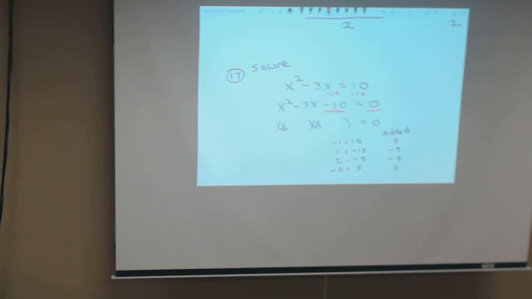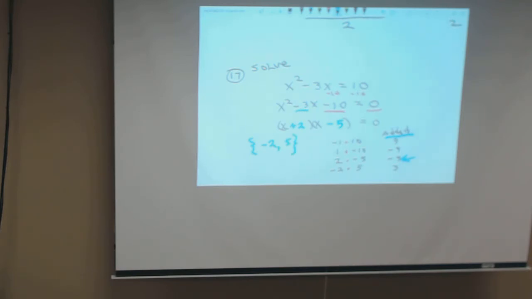And when I add them, what gives me -3 in the middle? This one here. So my answer is x plus 2 and x minus 5 equals 0. So the answer in a solution set form would be -2 and 5.